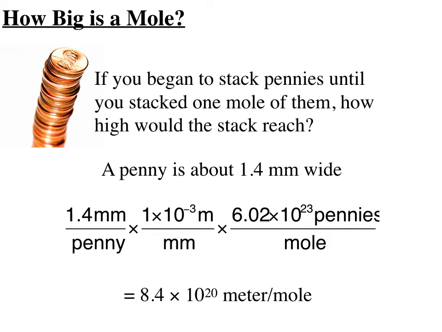If I convert my millimeters to meters using the conversion you see there, then multiply that by 6.02 times 10 to the 23rd, or a mole of pennies, I would find that a stack of a mole of pennies, with each of them being 1.4 millimeters on its edge, would be a height of 8.4 times 10 to the 20 meters high. Well, let's do some comparison to other objects to see just how high up that mole stack of pennies would be.